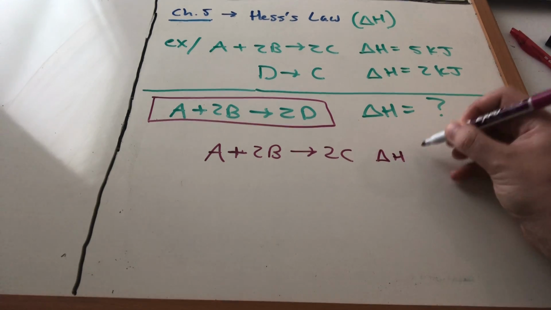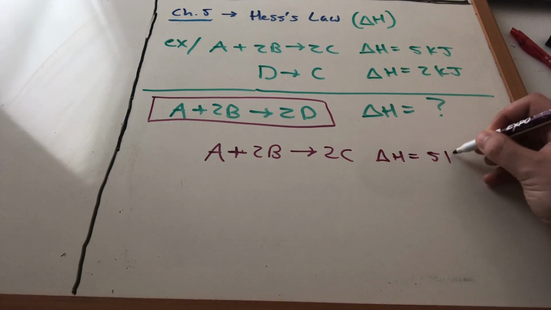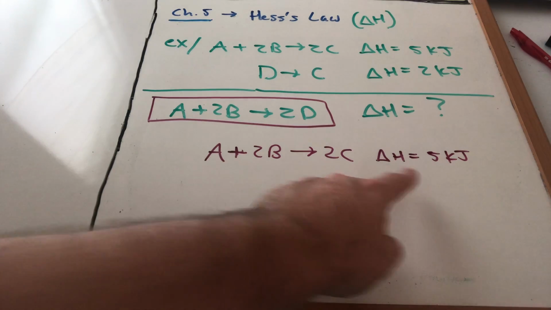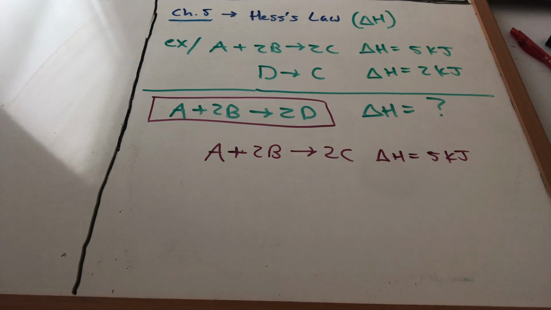I didn't do anything to this, so I'm going to write delta H is 5 kilojoules. If I don't change anything here, I don't change anything with the delta H. So I've used this.